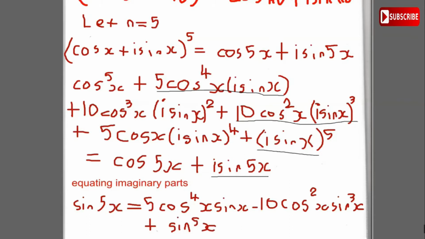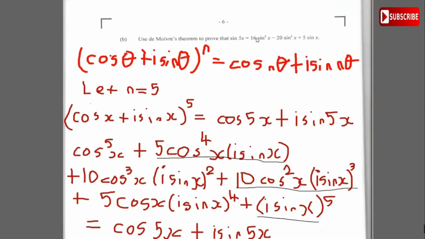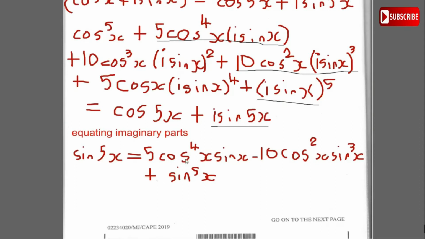Now, if you look at the question, you observe that the question had nothing with cosine in it. And so we need nothing with cosine of that sort. So to get rid of cosine, we're going to have to substitute for cos something with sine. So let's go ahead and do some substitution. Now, cos to the 4th power is cos squared squared, but cos squared is 1 minus sin squared.